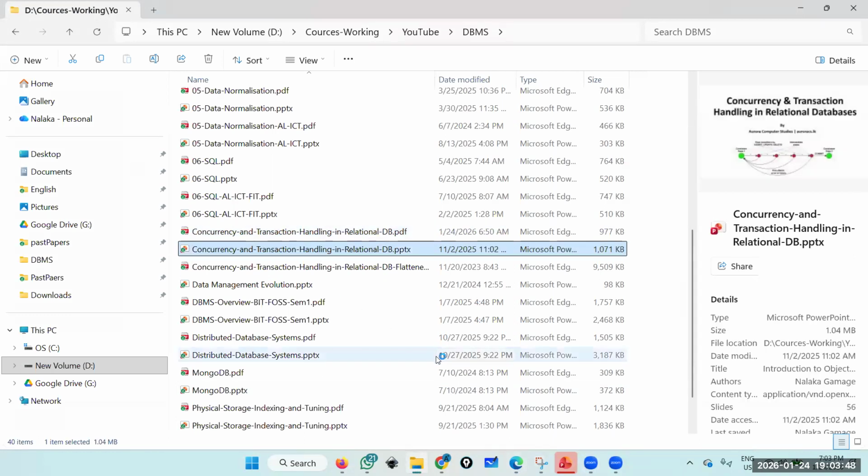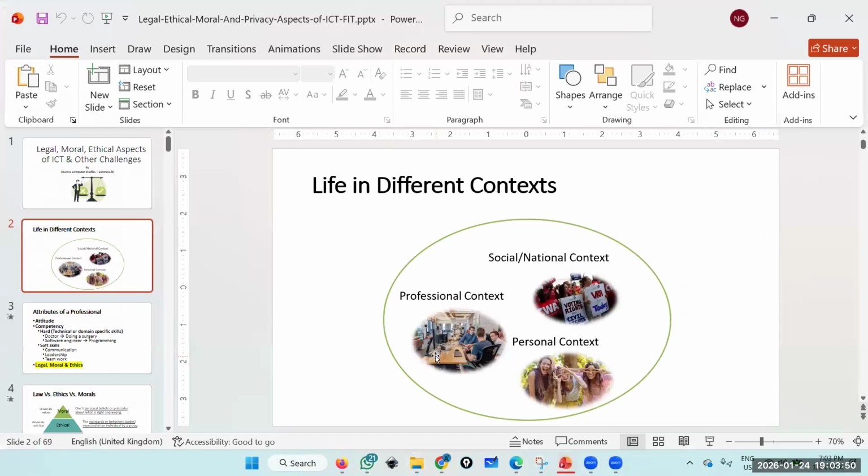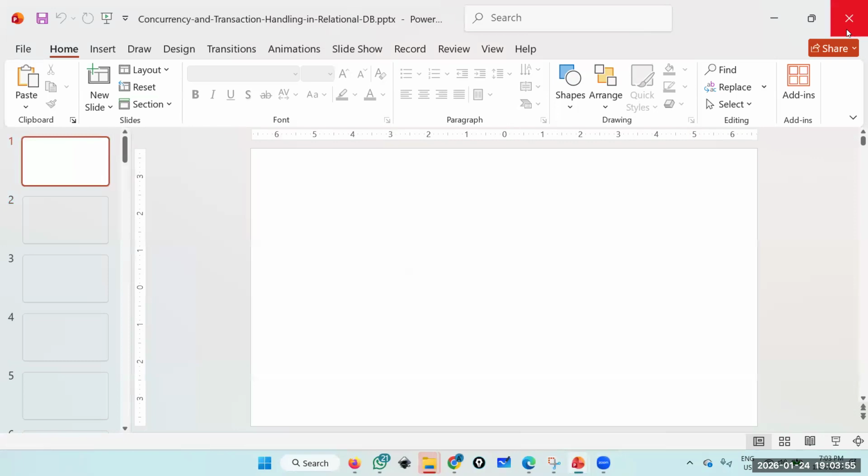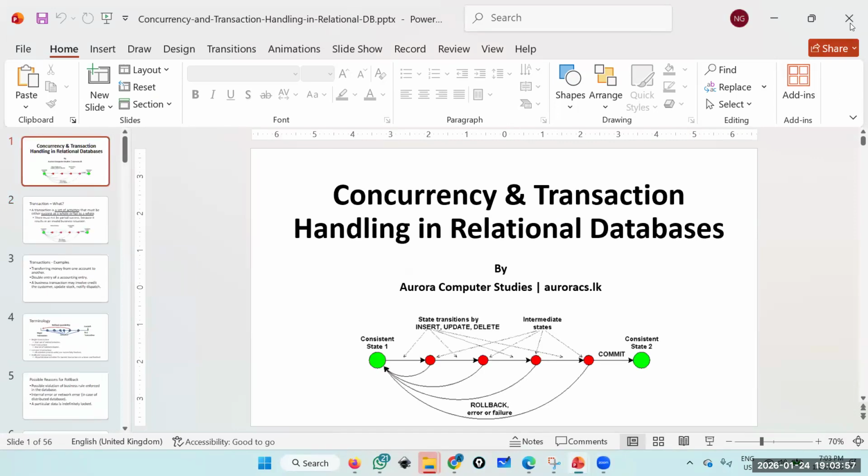Right, so there are some situations where it involves maybe multiple updates, multiple deletes, inserts.